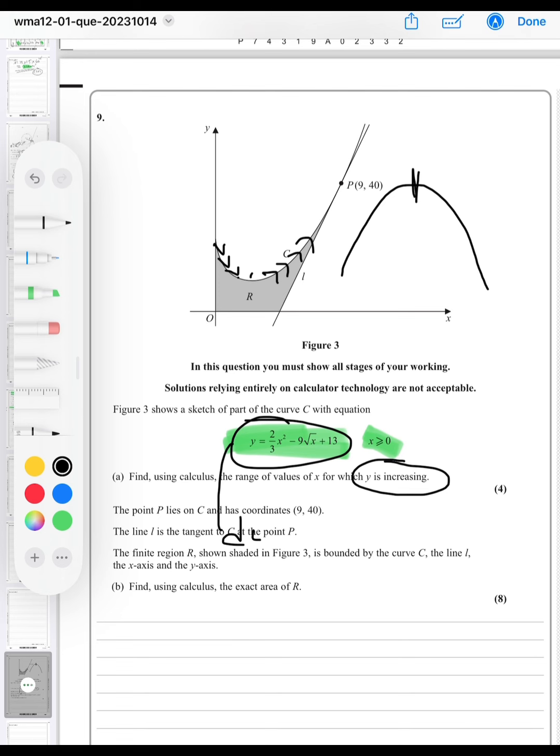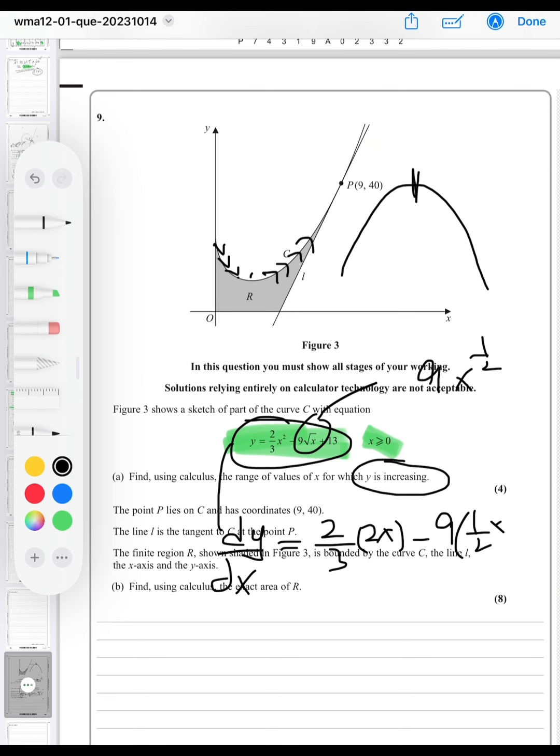So the gradient is dy upon dx, and this will look like this then, 2x, and then this one is 9x to the power of 1 upon 2. The 1 upon 2 will come to the start, 1 upon 2 minus 1, and then the 13 will become 0.